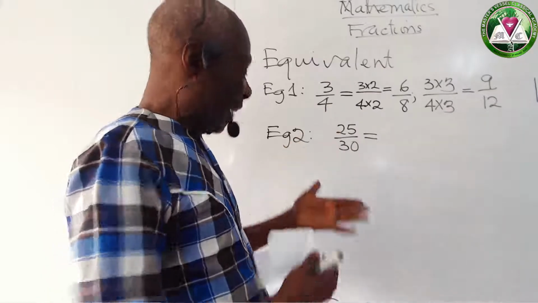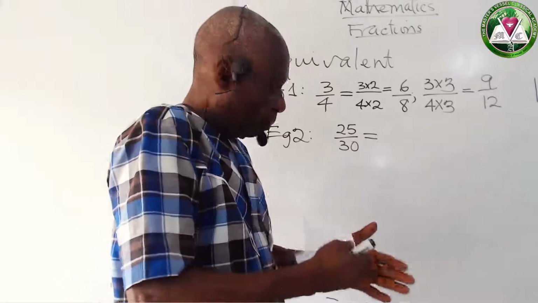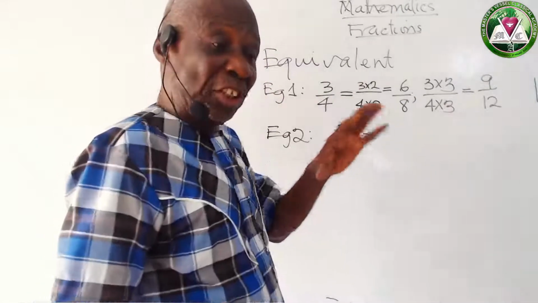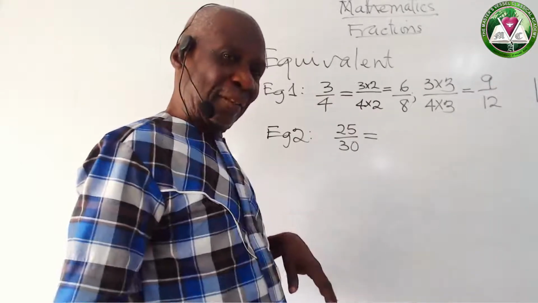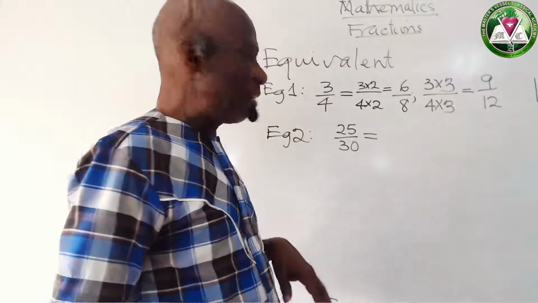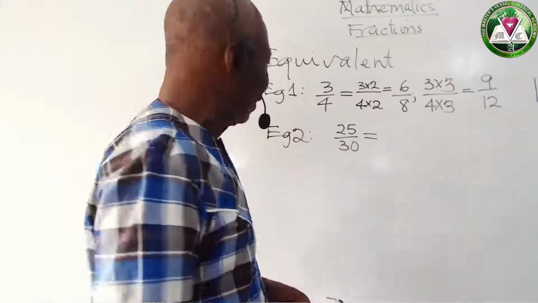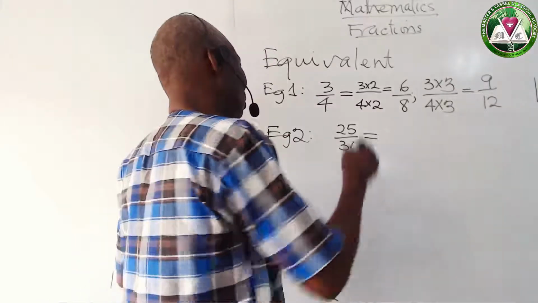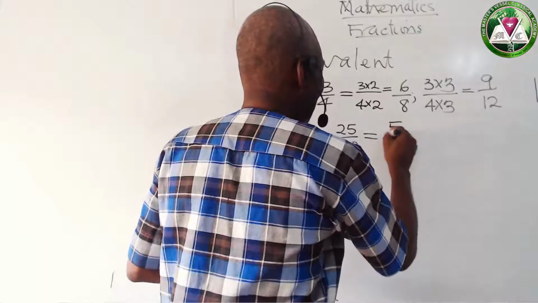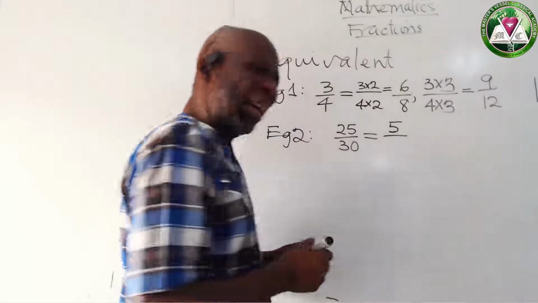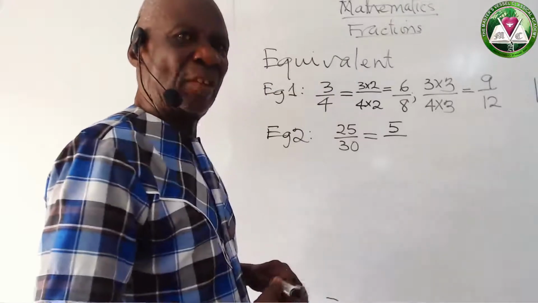And the 5 that can divide this, how do I know? From our table of divisibility. We know that once a number ends in 0, it is divisible by 10, and it is also divisible by 5. When a number ends in 5, obviously, it is divisible by 5. So suppose I say 25 divided by 5, I will have 5. Because I divided the numerator by 5, I must obviously divide the denominator by 5.